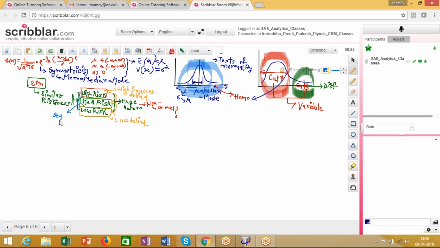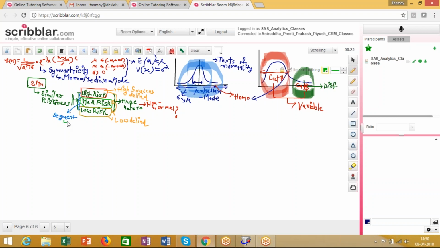Segmentation, or business segments, help us disentangle the heterogeneity in these models, right? So that is where the role of segmentation comes around. For this, we will understand how segmentation is done within the risk domain. There are different ways of doing segmentation, which we will discuss as we go forward, right?